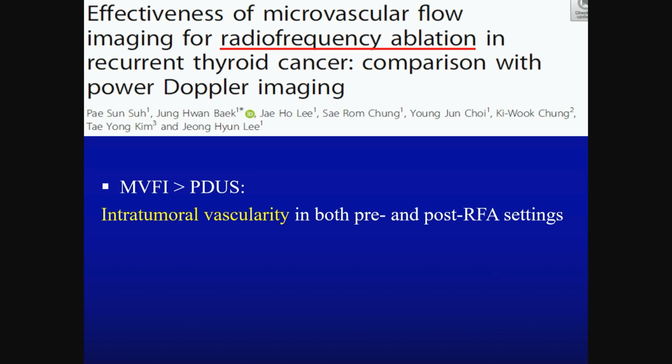So recently, our team published this article. We suggested microvascular flow imaging is better than power Doppler imaging during RF ablation of recurrent thyroid cancer in terms of detection of intratumoral vascularity, both before and after radiofrequency ablation.